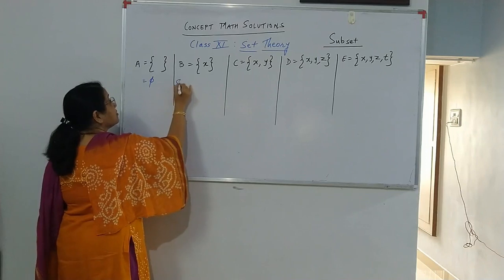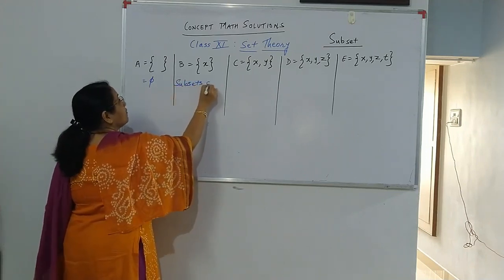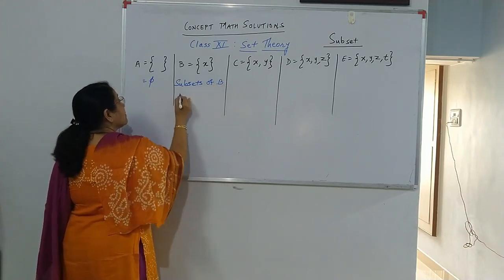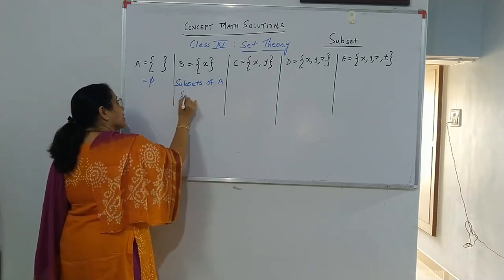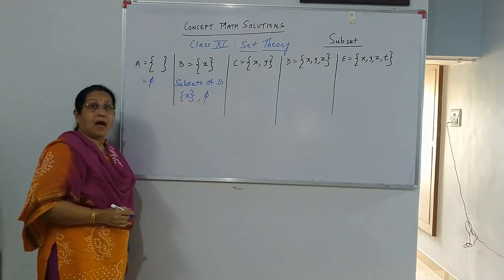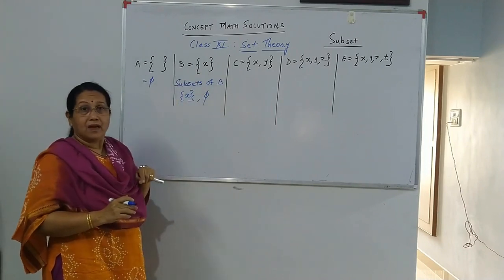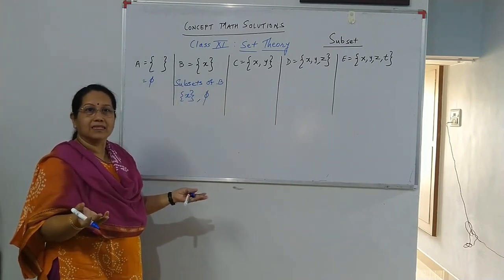So subsets of B, I am coming to subsets of this also. Subsets of B are this and the empty set. Understand, every set is a subset of itself because it will contain all the elements.